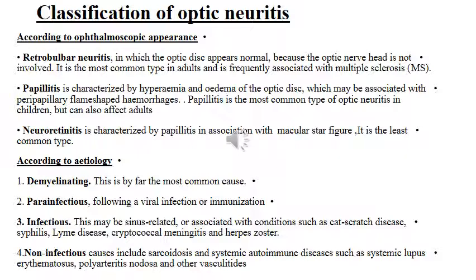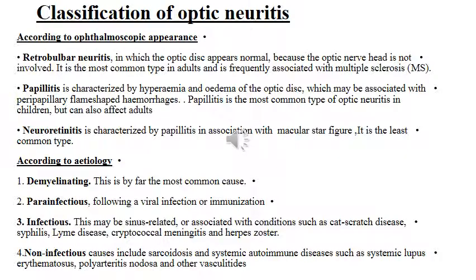We can see the inflammation as hyperemia and edema of the optic disc, and peripapillary hemorrhages. I mean by that flame-shaped hemorrhages surrounding the optic nerve head inside the retina.